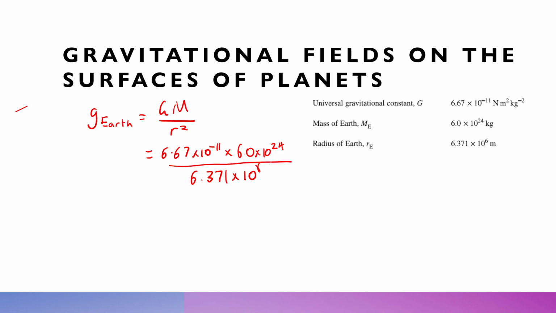When we substitute all of that into our calculator, we should get an answer that looks roughly like this. We get 9.86 meters per second squared, and that's to 3 significant figures, which looks quite similar to our acceleration due to gravity, which we apply to calculations in all of our physics contexts. The gravitational field generated by the Earth is not the only object that you'll be expected to calculate for.